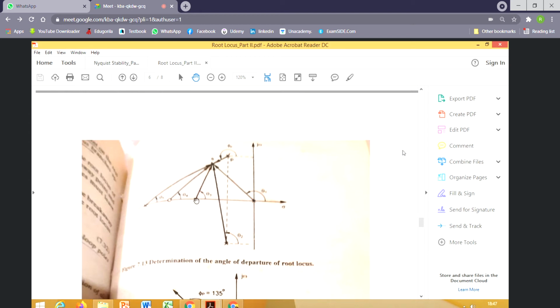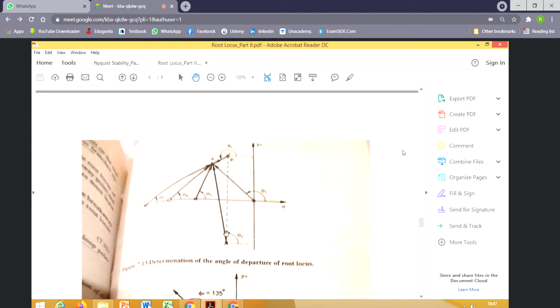The second root branch will originate from this real open loop pole. The third root branch will originate from this real open loop pole, as well as two complex root branches from this complex conjugate pole pair.